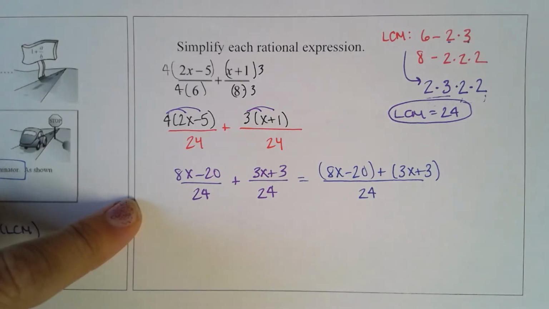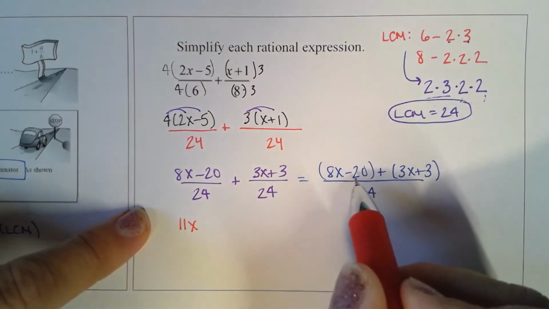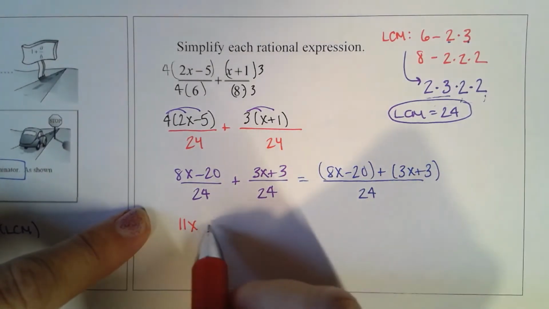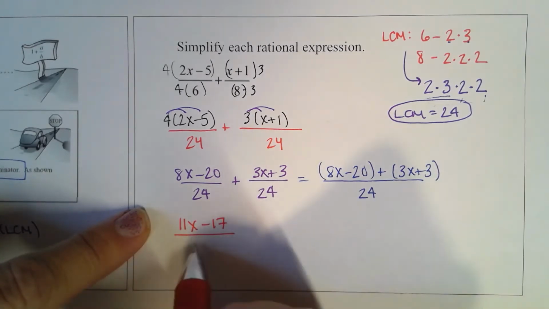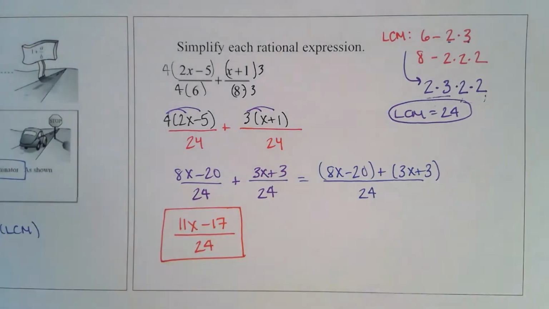I didn't actually do anything, I just put it all in one fraction. So now we can combine our like terms. I have 11x, and I have a negative 20, and then a positive 3, which is a negative 17, all over 24. Now I went ahead and boxed it in.